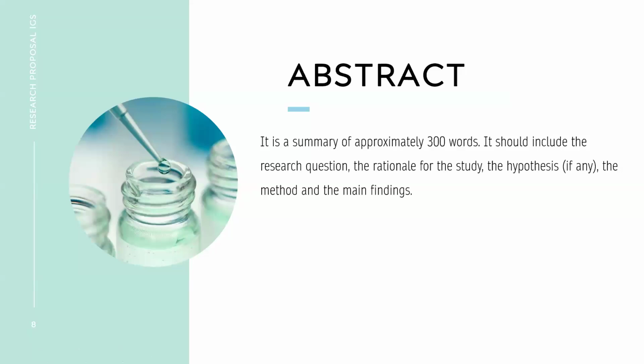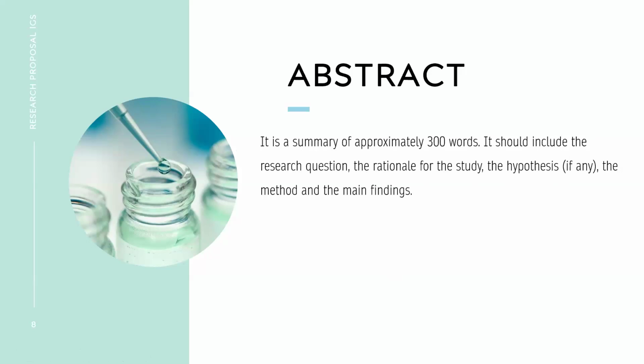The summary or abstract is only a short description, around 300 words. The abstract should first generally describe the problem, and then include the research question, the rationale of the study, the hypothesis, the methods, and also the findings. That is the abstract for a thesis and also your proposal.